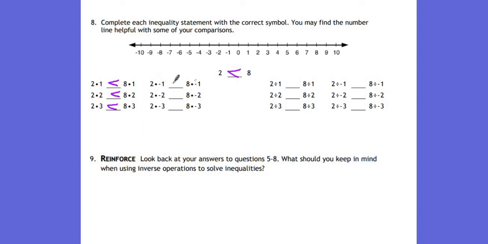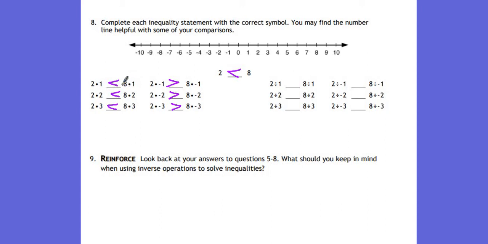What symbol goes here? Greater than, because negative 2 is larger than negative 8. Then I have 2 times negative 2, 8 times negative 2. What goes here? Greater than. 2 times negative 3, 8 times negative 3. Greater than.